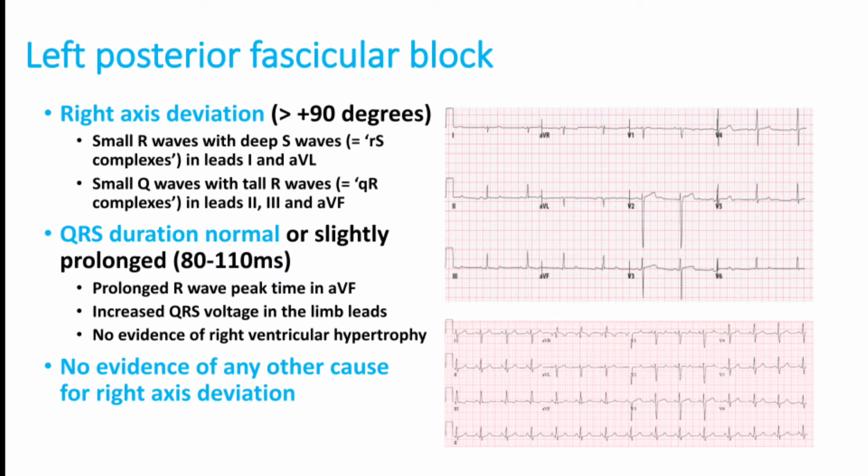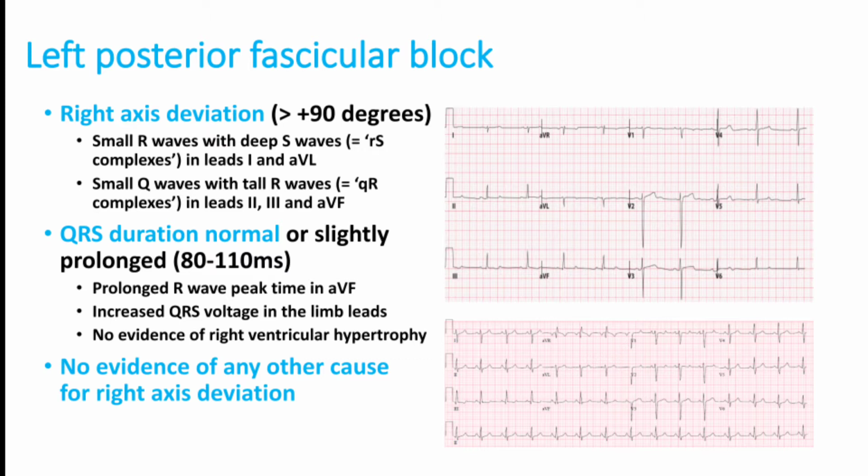Remember, an RBBB most of the time may have a wide QRS complex, and sometimes you can get right axis deviation if there is RVH. Otherwise, most of the time the axis may be normal in RBBB. But left posterior fascicular block will have a right axis deviation.